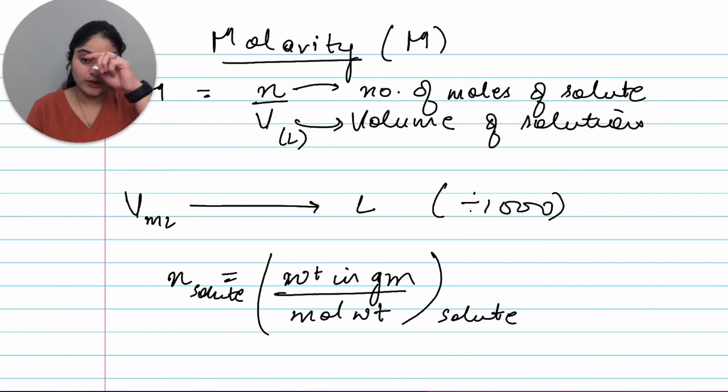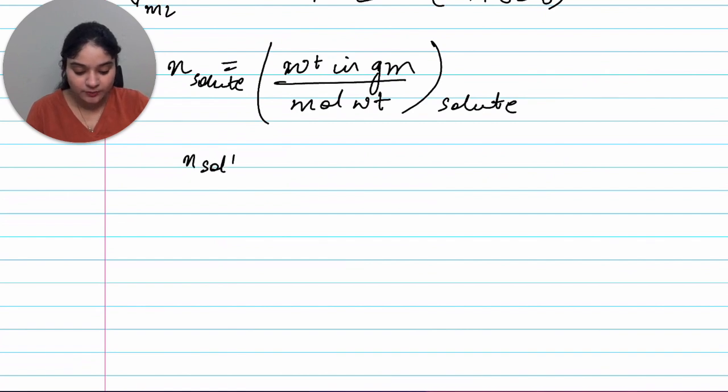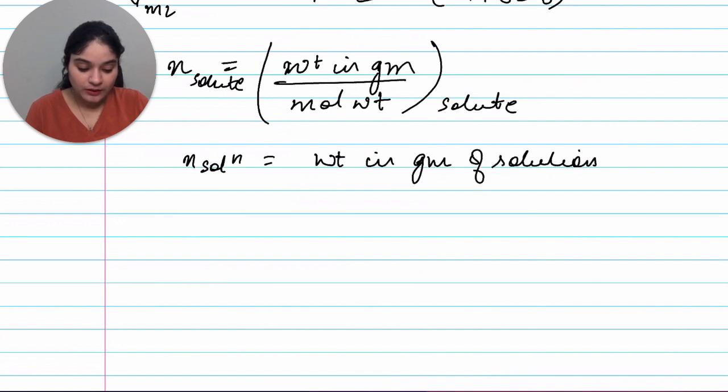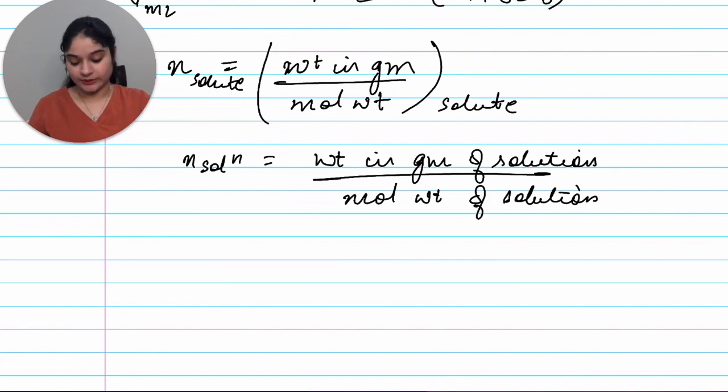That means weight in grams of solute and molecular weight also of solute. If you are calculating for solution, then weight in grams of solution divided by the molecular weight of solution. Okay, so this is very important for you to understand.